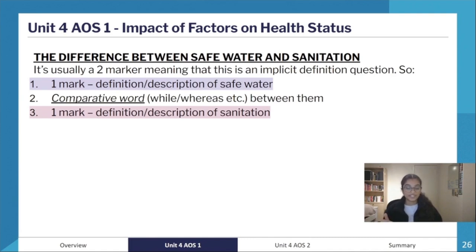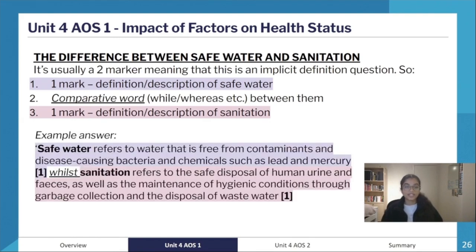If you do have both the descriptions but you don't have the comparative word, you're not going to get all the marks. Alright, so make sure that you include a comparative word like whilst or whereas or however in between those 2 definitions.